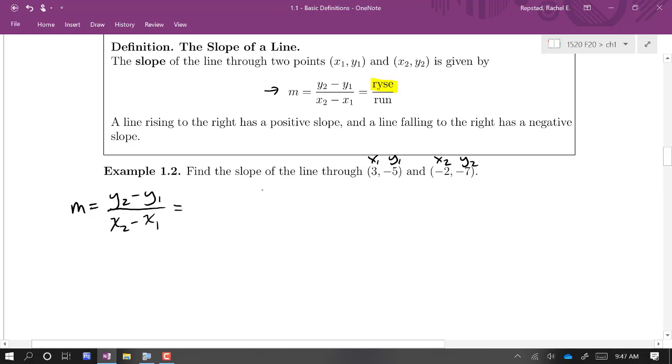So y2 minus y1 is negative 7 minus a negative 5, so that's plus 5, over x2 minus x1, which is negative 2 minus 3. This is negative 2 over negative 5, and of course negative over negative is a positive, so this slope is a positive 2/5.